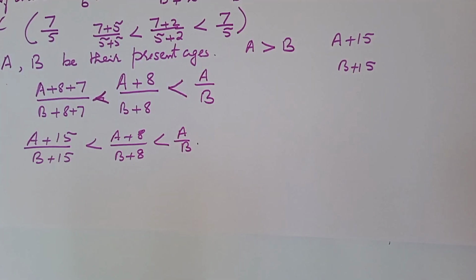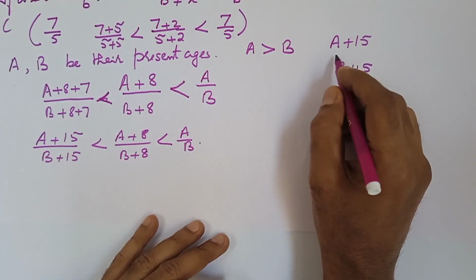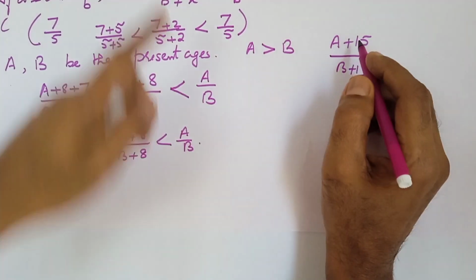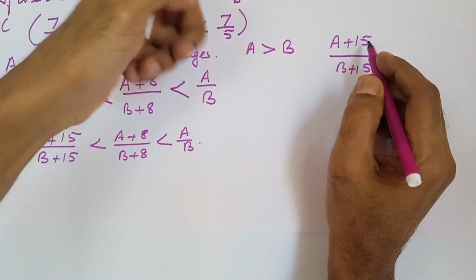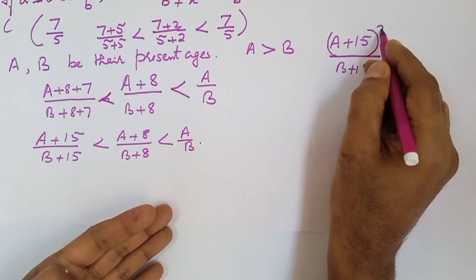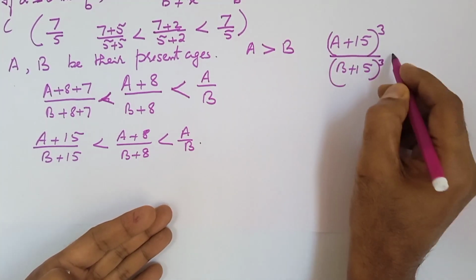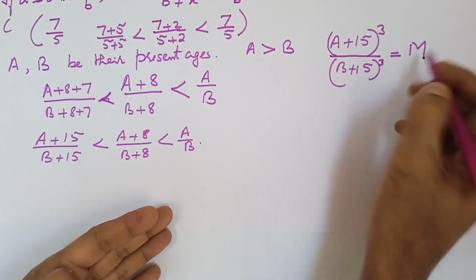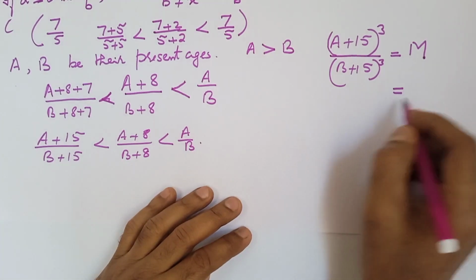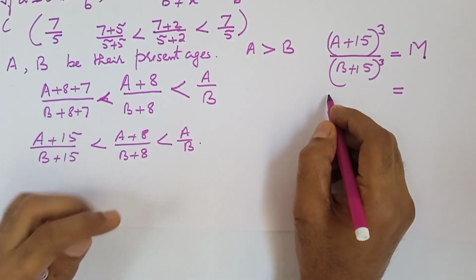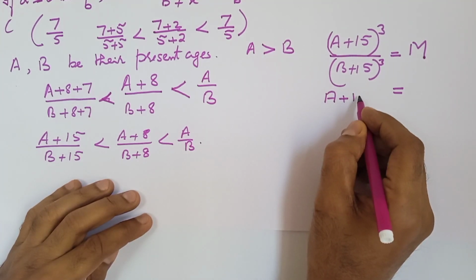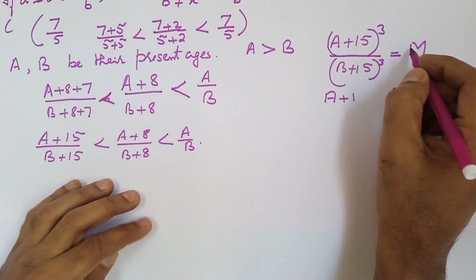Now M denotes what? M denotes ratio of cubes of the ages 8 years from now. What is that? That is this. This is M. And then there is N. N, how do they define? Ratio of their ages. Sorry, I made a mistake here.